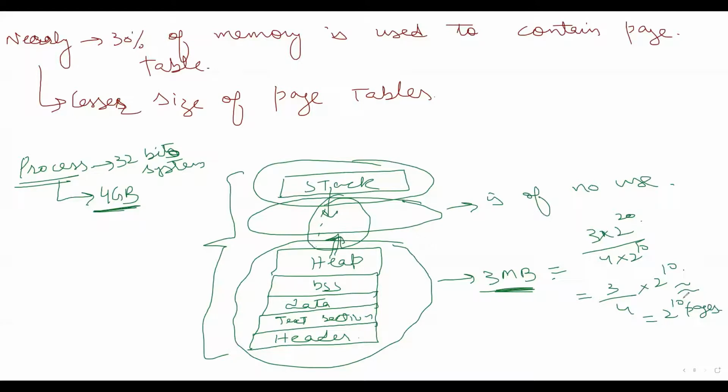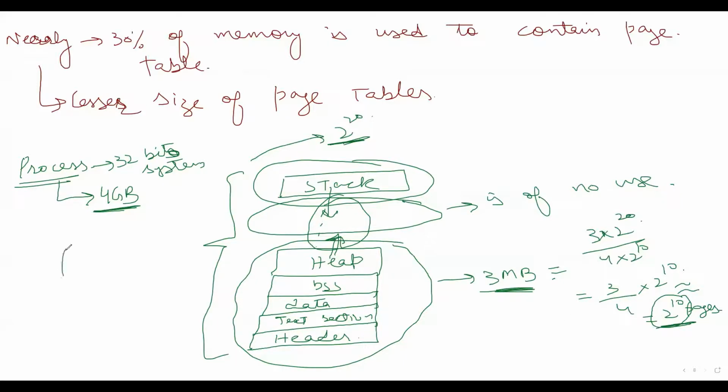So that means we are effectively using only 2 raised power 10 pages. But how many pages are we allocating? We are allocating 2 raised power 20 pages. Out of these 2 raised power 20 pages, only 2 raised power 10 pages are getting used.